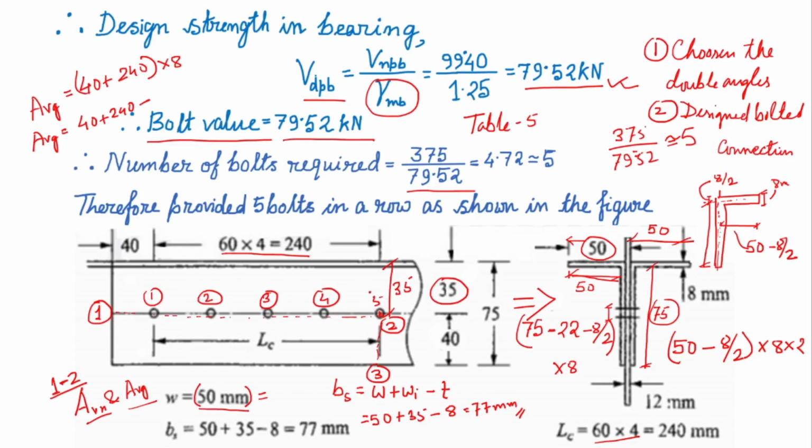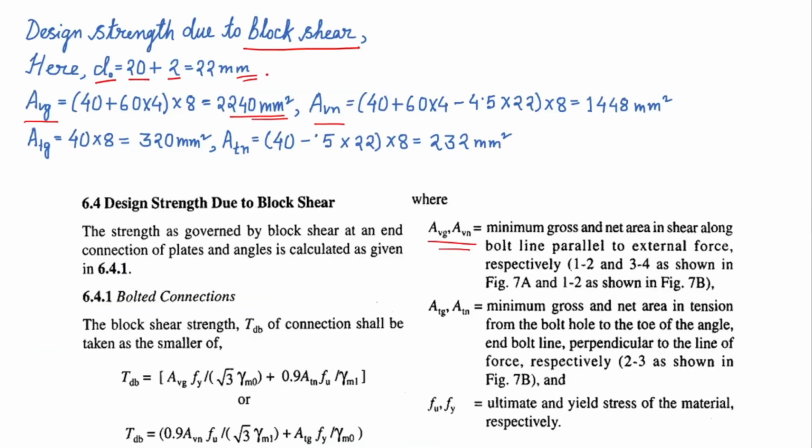So we have to subtract 4.5, means half diameter of the bolt hole 5 and the full diameter of the bolt hole for 1, 2, 3, 4. So 4.5 into 22 we have to subtract and then multiplied by 8, and finally the value will be 1448 mm square, which is AVN.